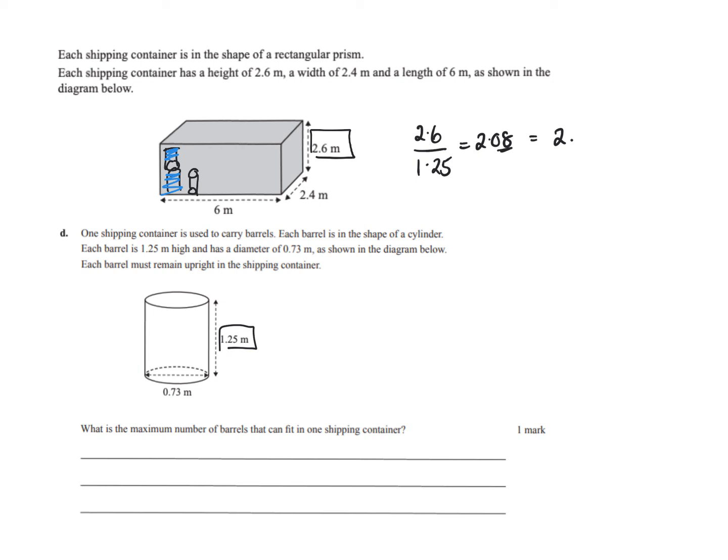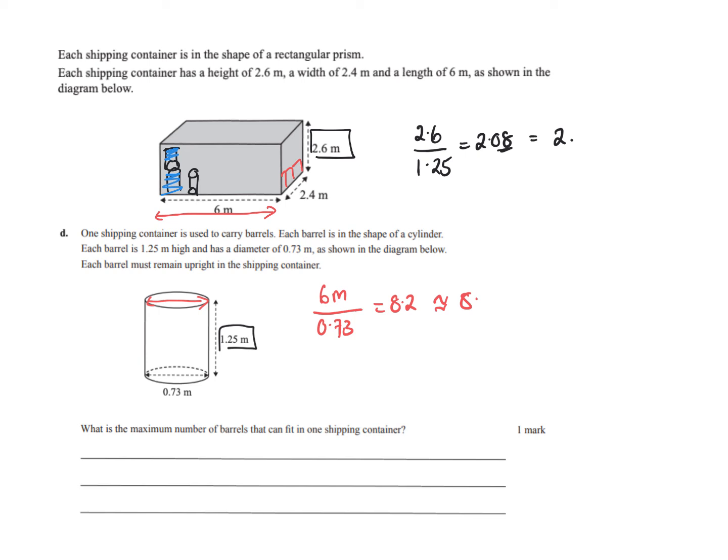Now how many can we get across like that? When we're thinking about that, that would be the diameter. So I've got the diameter, and how many can I fit across 6 meters? If I do 6 divided by the diameter, 0.73, I get 8.2. So therefore, I'm going to say approximately 8 across. Now remember, they're also going to stack along that way.